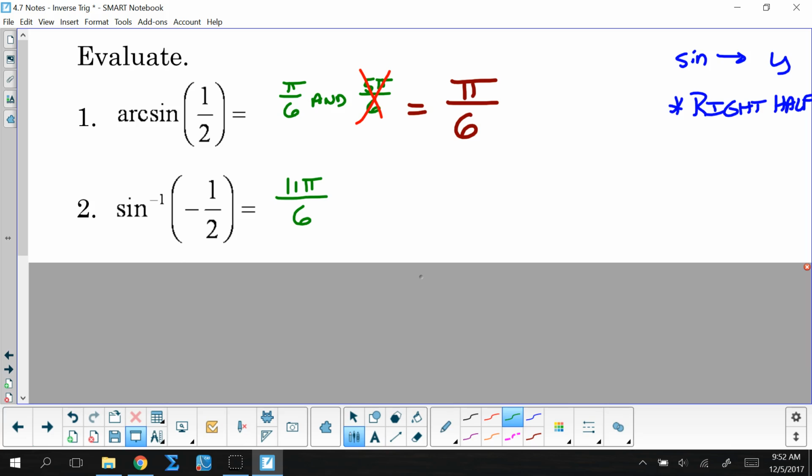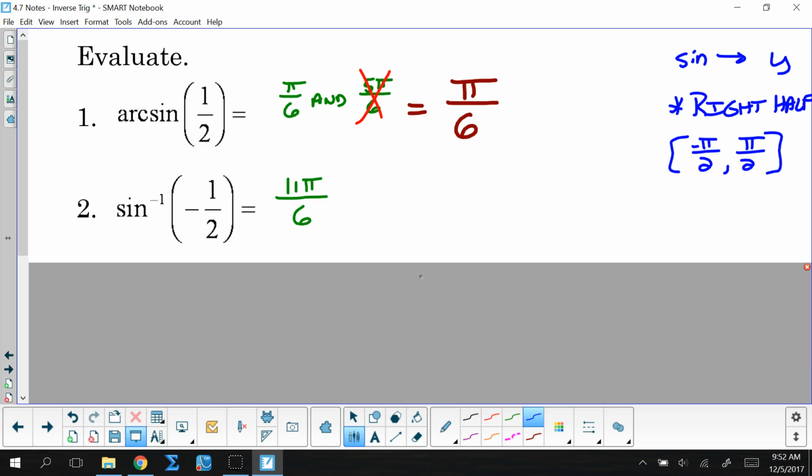But does 11 pi over 6 fall in my range of negative pi over 2 to positive pi over 2? So I can't give 11 pi over 6 as the answer.